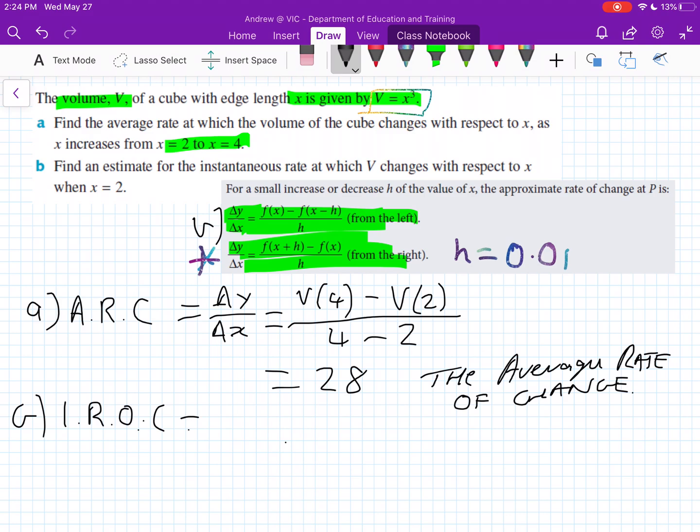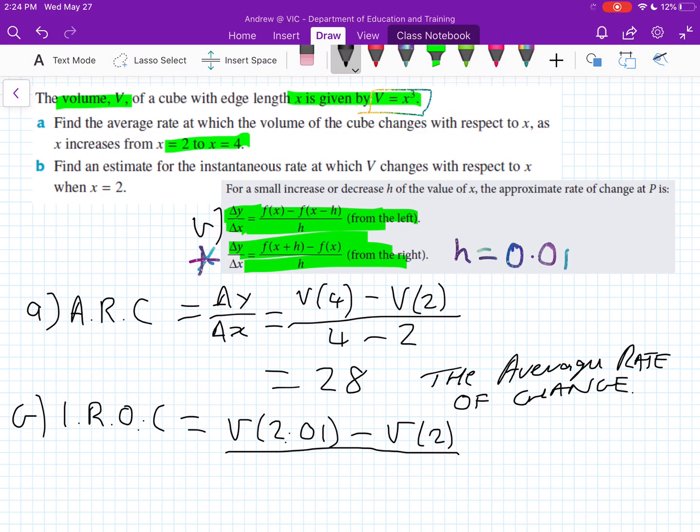Okay. So with this, our instantaneous rate of change, well, an estimate for it, this is going to be equal to V of 2.01 minus V of 2. Yet again, this is the same formula that we were using just above, okay, except we're looking over a very small gap.